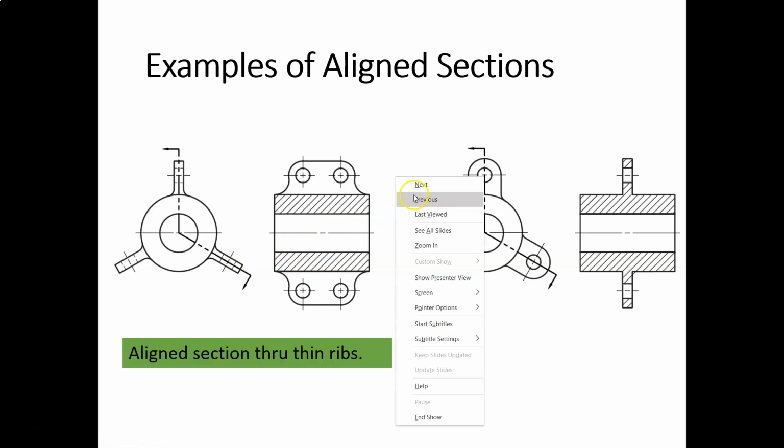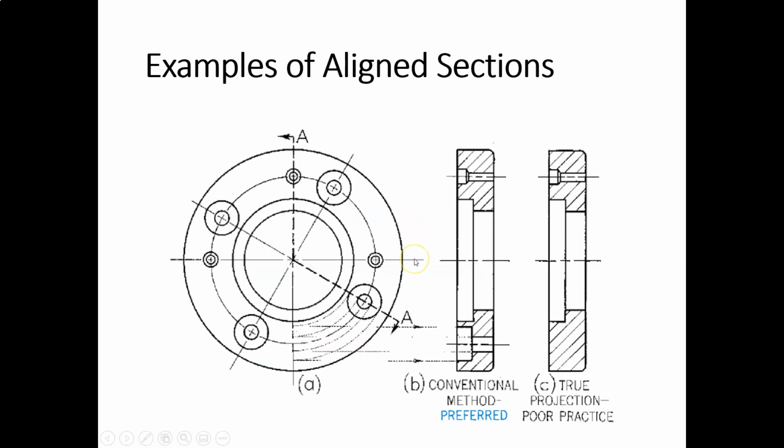Okay. I think I skipped one more, so let's go back here. Yeah, this one shows a series of holes, so it's a little bit more difficult to see what's going on. But we do the same thing for holes, not just ribs and other features. So in this case, the cutting plane line AA takes a turn here, so we want to draw this hole, which is a counterbore with a hole, as if it was shown right here and project it through.